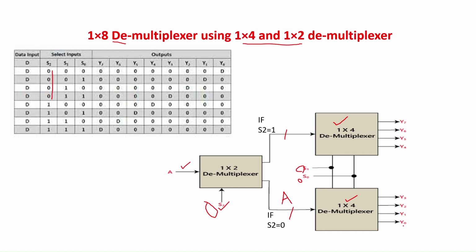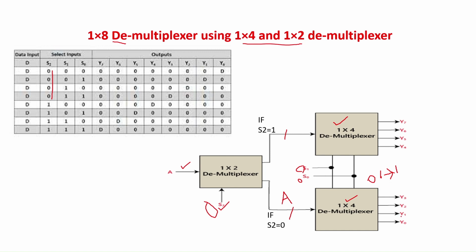When S2 equal to 0 and the other two selection inputs are 0 and 1, the decimal equivalent of 0 and 1 is 1, so the output appears across the output line Y1.